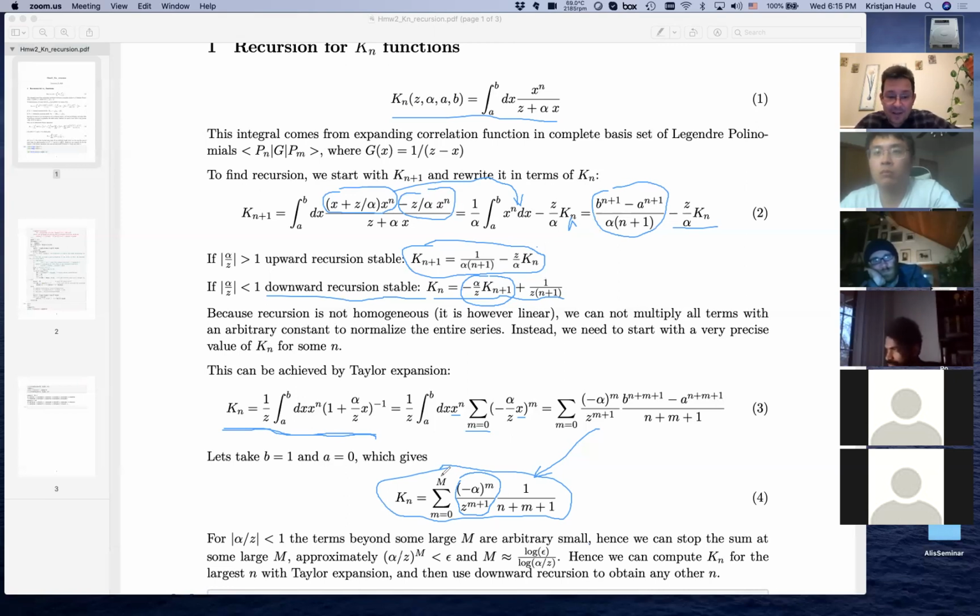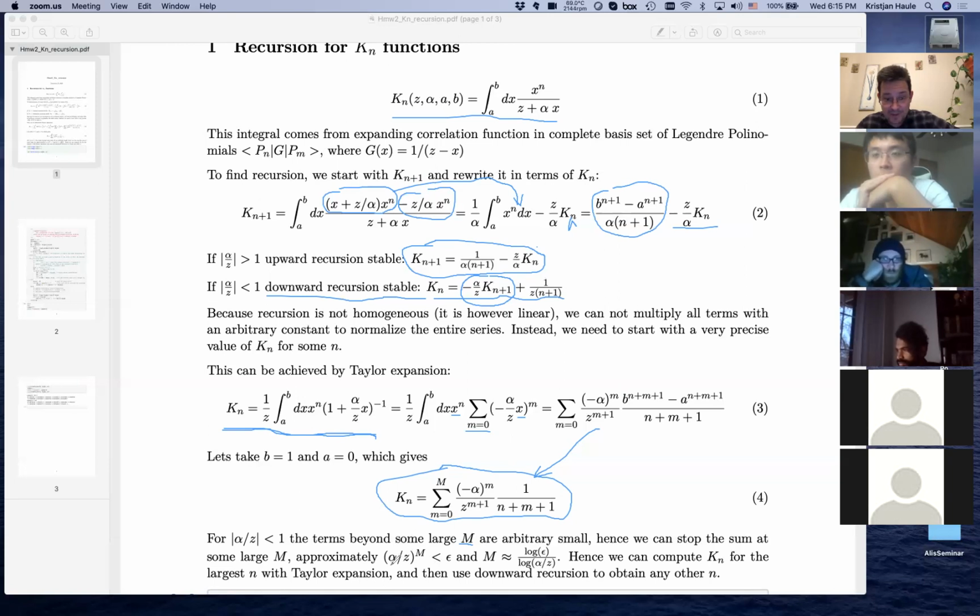Therefore, when this capital M is large, we can be absolutely sure that we can stop the Taylor series, can't we? The question, however, is how large this M needs to be. We can estimate the value of the last term.